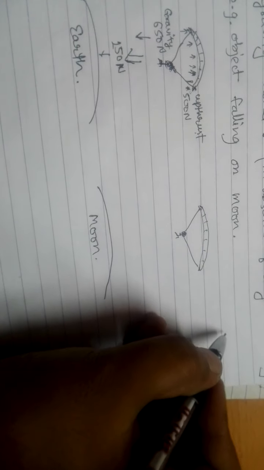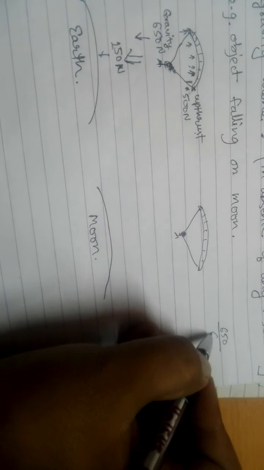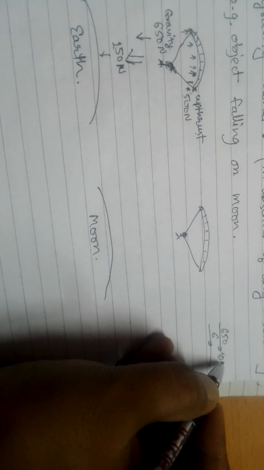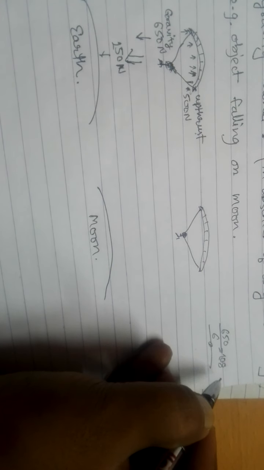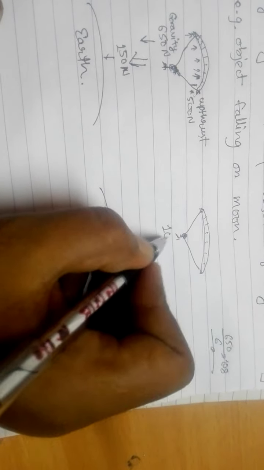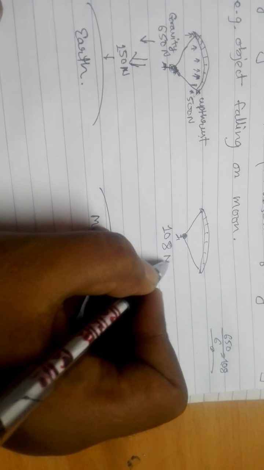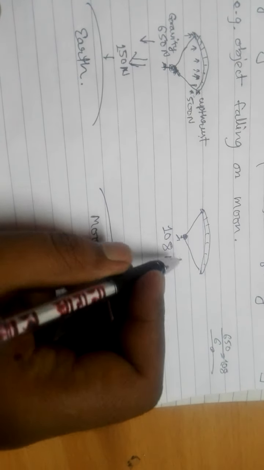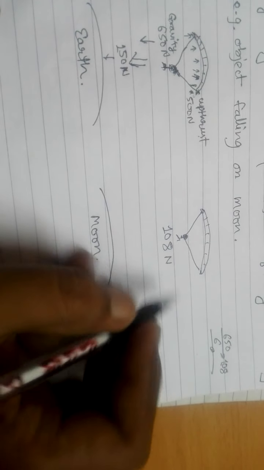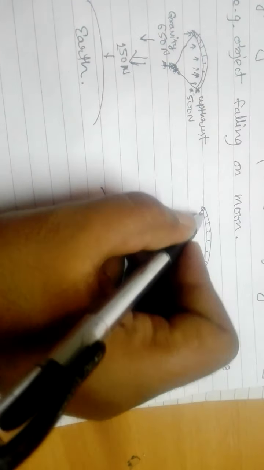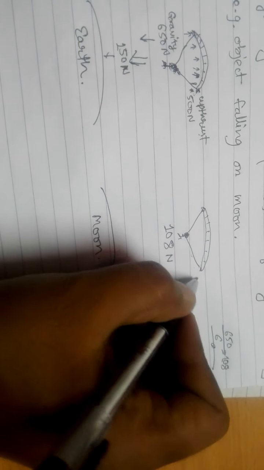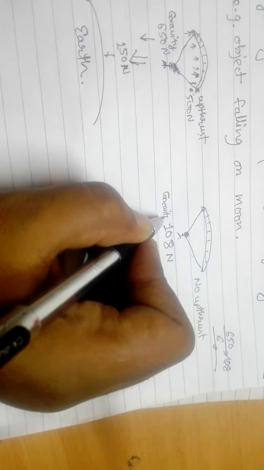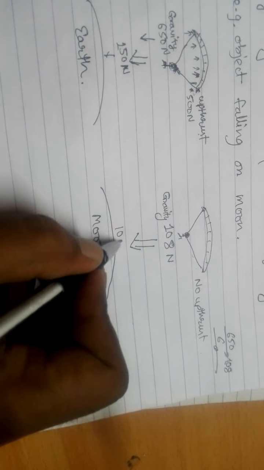That is to say, let's say 650 divided by 6, which is about 108. On the moon his weight would be only 108 Newton, and since there is no air, there is no upthrust. No upthrust, and this is just gravity, and on the moon he would fall with the same force.